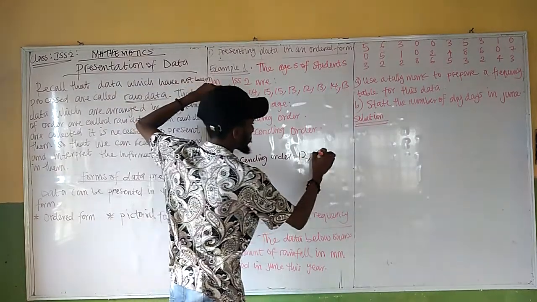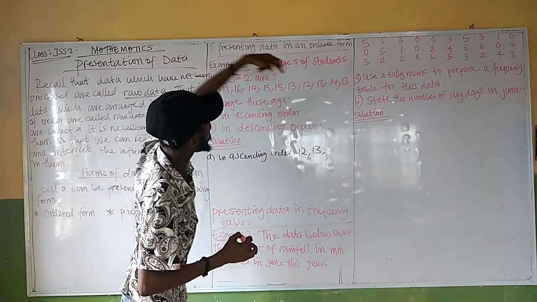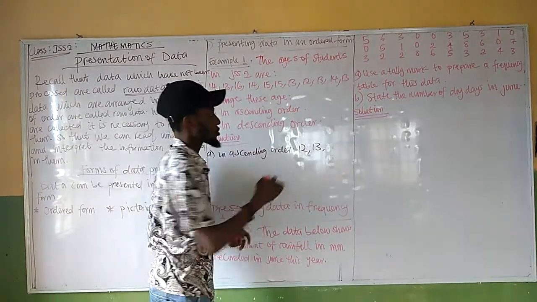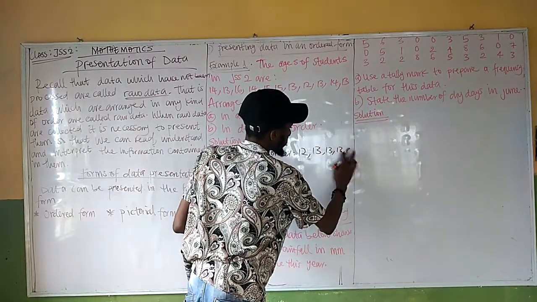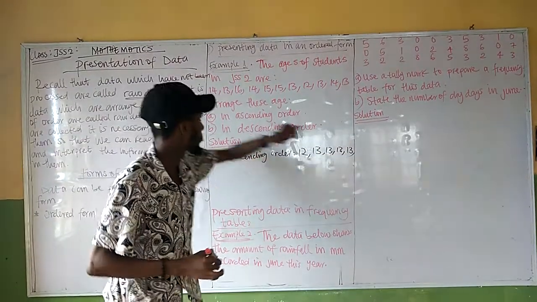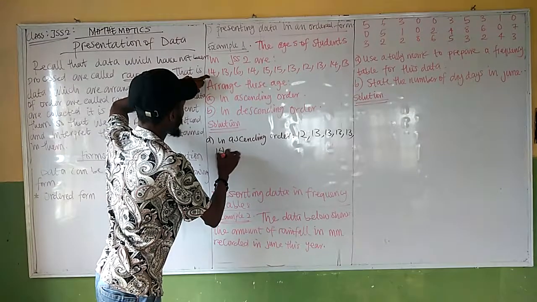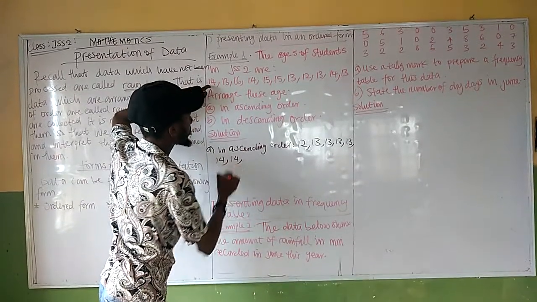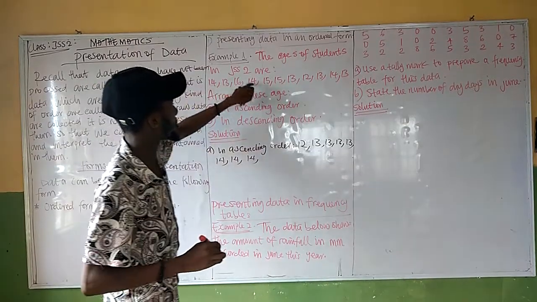Then the next number is 13. How many times does 13 appear? You have 1, 2, 3, and 4. So you have 13, 13, 13, 13. Then we have 14, another 14, and another 14.